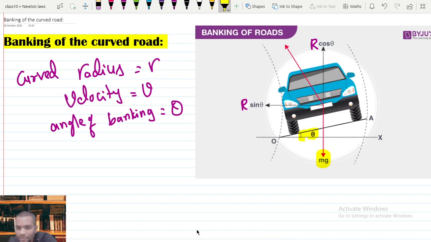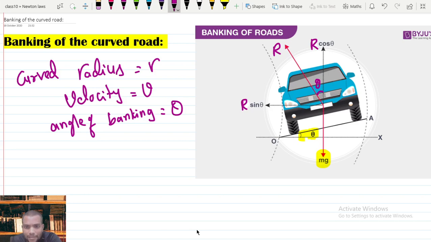Because of theta, the normal reaction R of the car, shown in the red line, is resolved into two components. The vertical component is R cos theta, and the horizontal component is R sin theta.